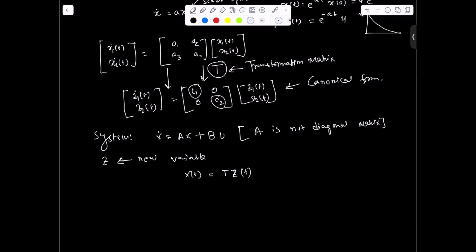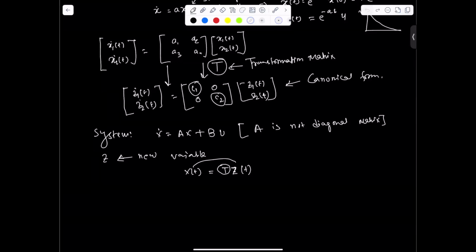Using this transformation matrix, we can transform the x domain to the z domain. Basically, we call this matrix the transformation matrix.